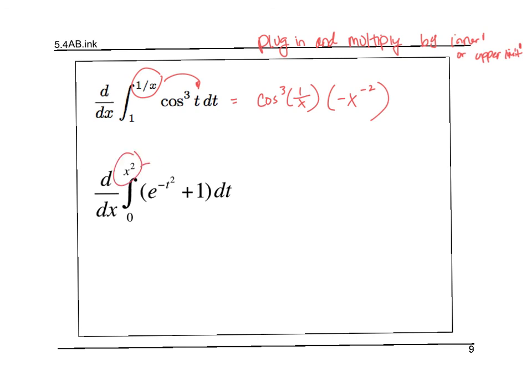Okay, x squared. Replace the t. Everything else stays the same. So e to the negative x squared, squared, or negative x to the 4th, plus 1. Multiply that whole thing by 2x.